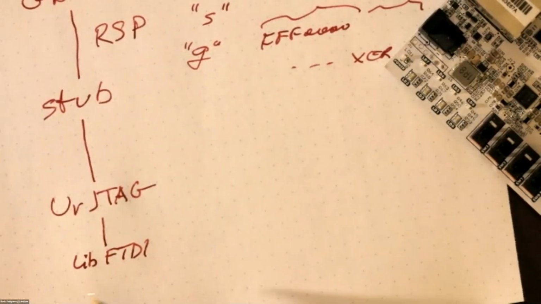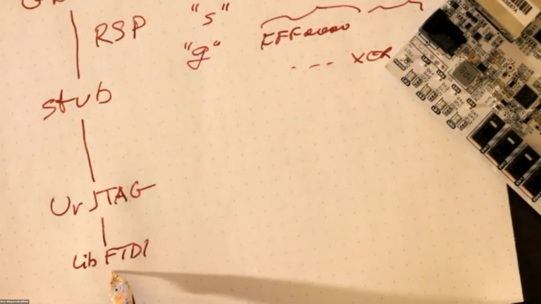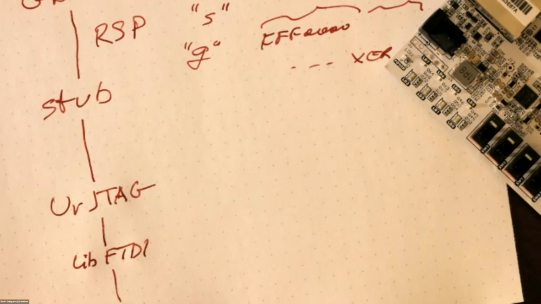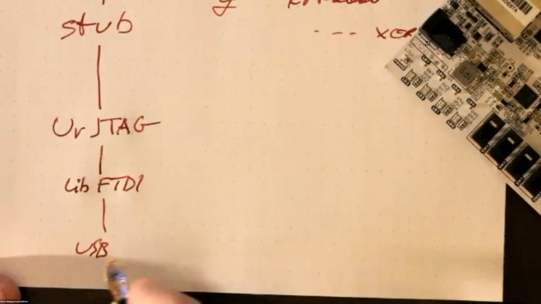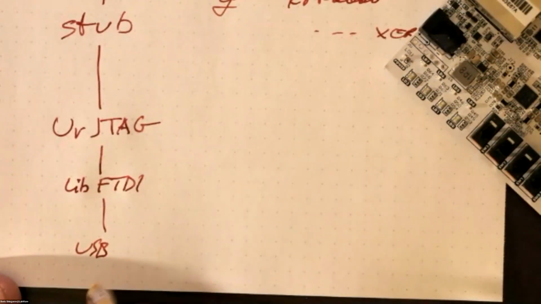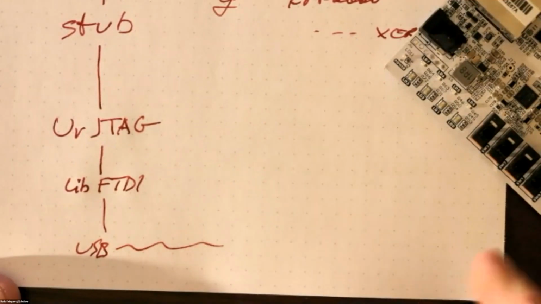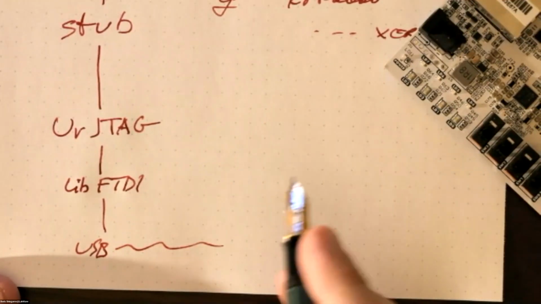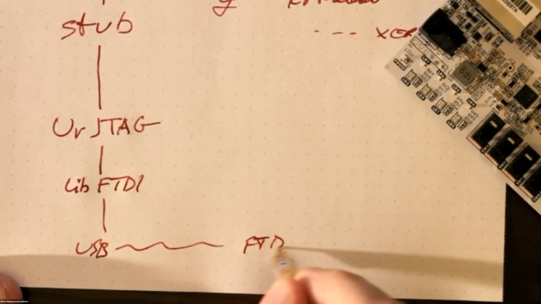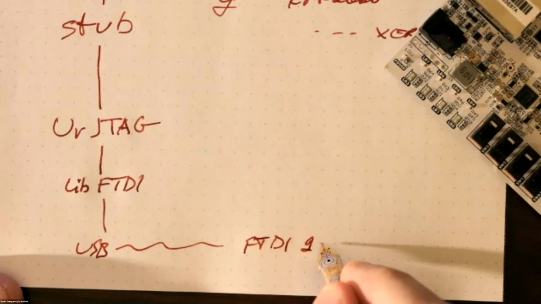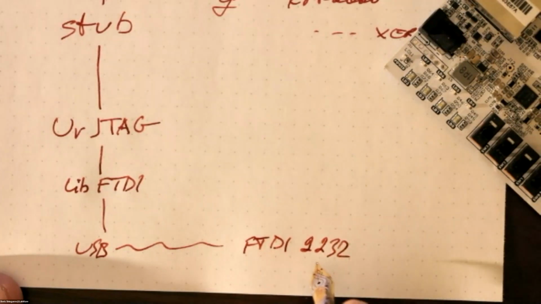And this libftdi, what it's going to do is connect over USB to the FTDI chip. And then this will go to some USB controller you're going to have in your workstation computer. And then you will have this USB wire, and this is going to connect to the FTDI 232.